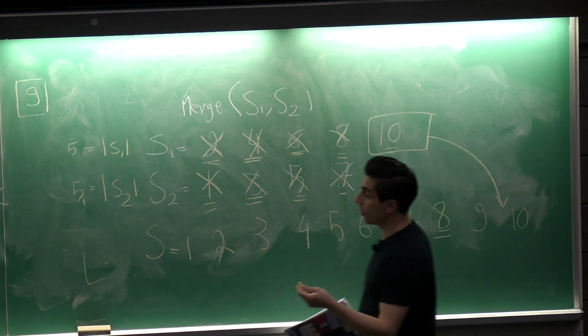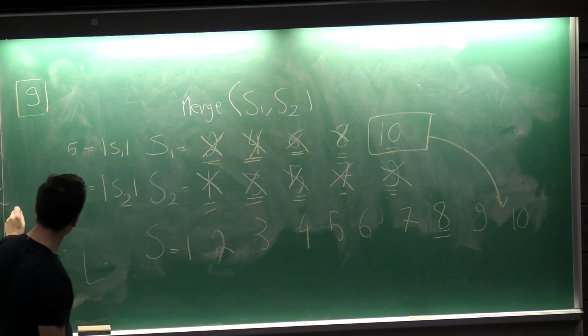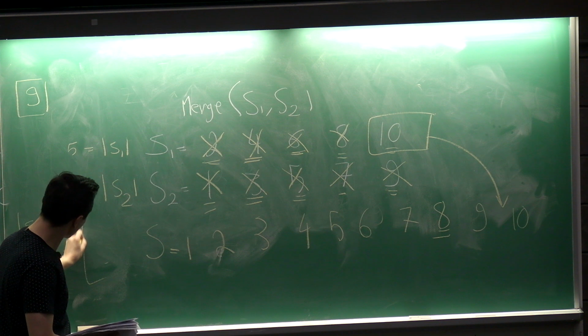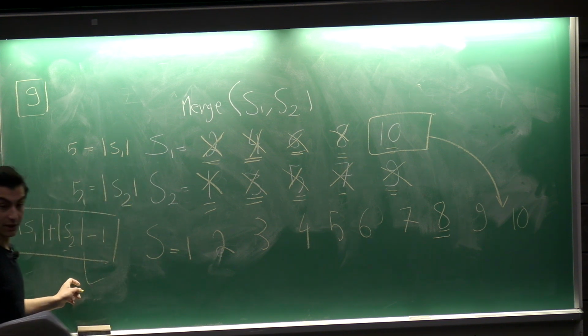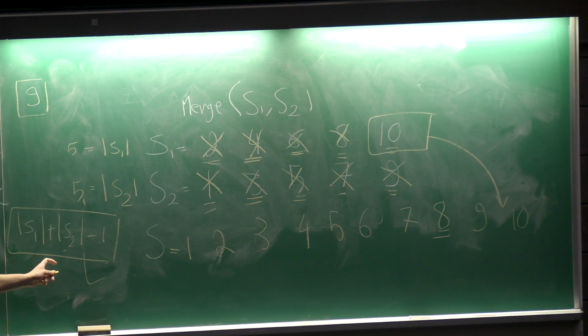So the maximum number of comparisons we can do is basically going to be the length of S1 plus the length of S2, minus 1. A merge function taking lists S1 and S2 will at most make this many comparisons, right? But it won't have to necessarily.